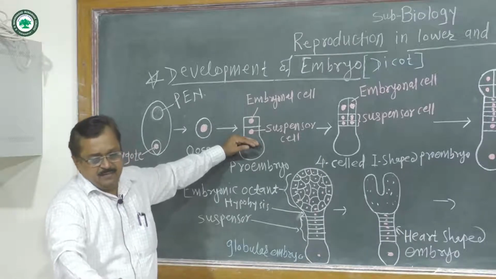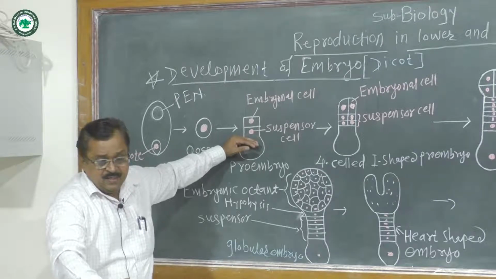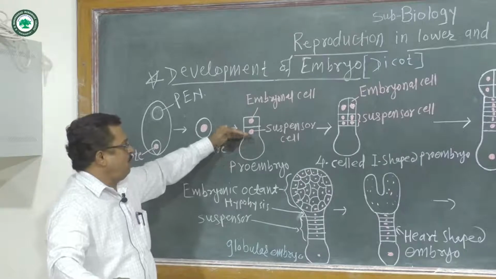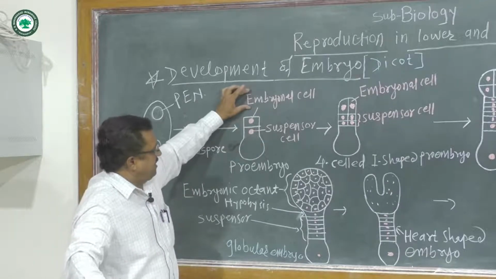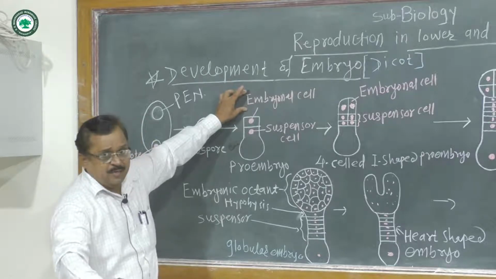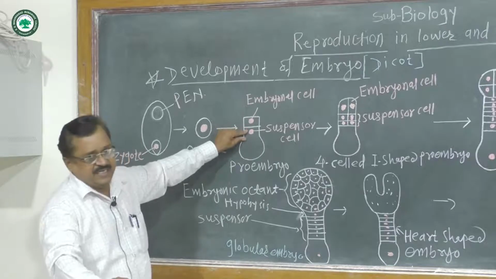The basal cell undergoes repeated division to form the suspensor cells.